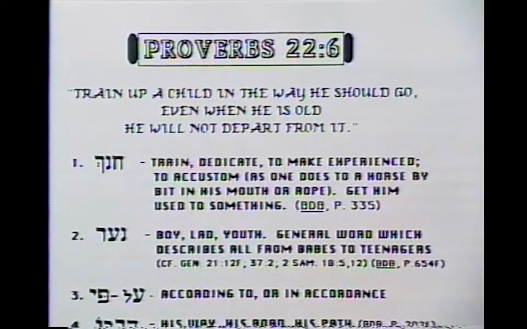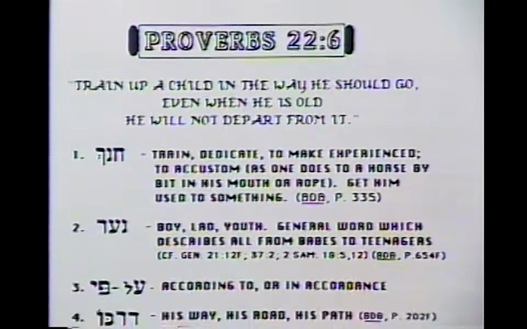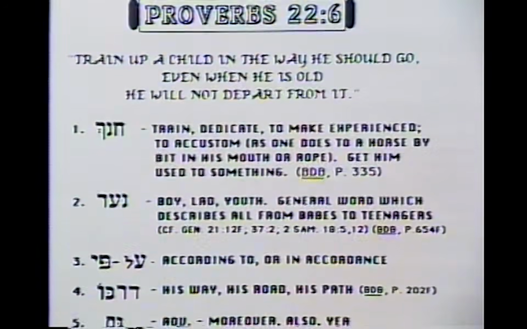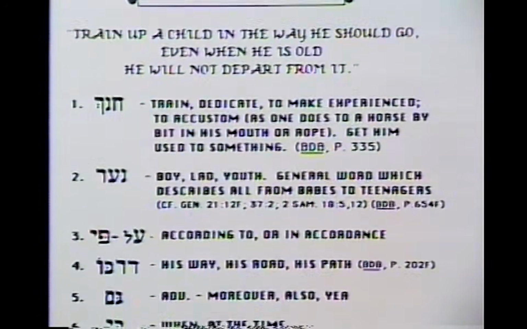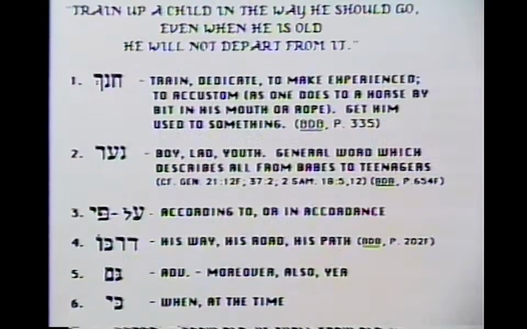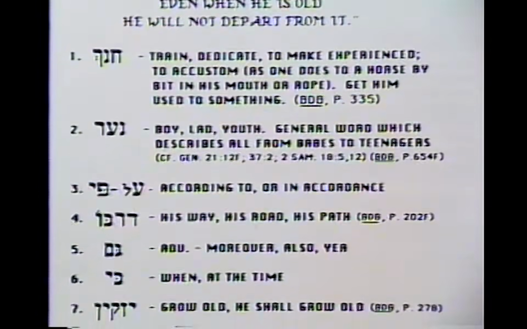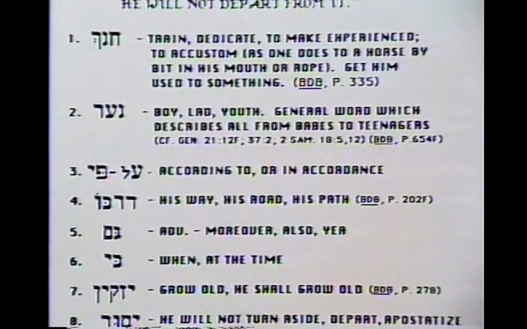And the first one, for the word train, chanak: train, dedicate, to make experience, to accustom, as one does a horse by a bit in his mouth or a rope, to get him used to something. That's the way Brown Driver Briggs defines that word. Na'ar is a word that means boy, lad, or youth, a general word that describes all from babes to teenagers.